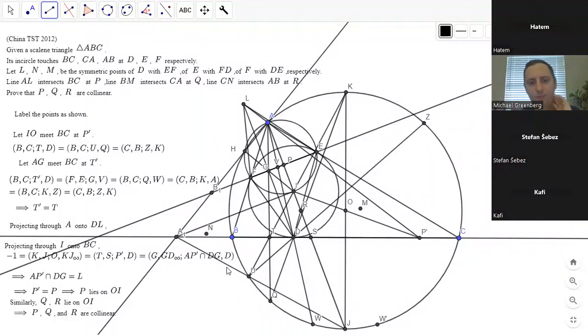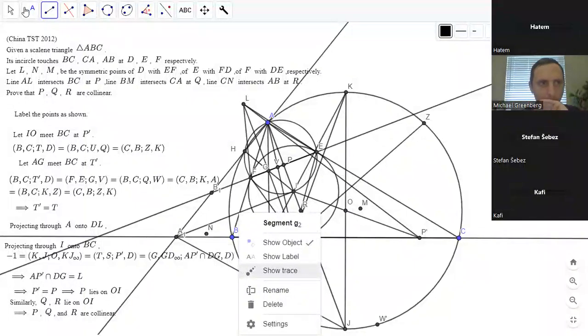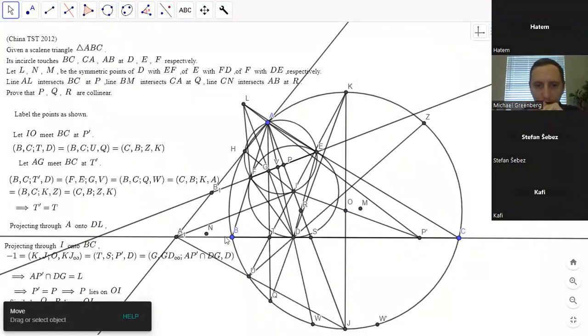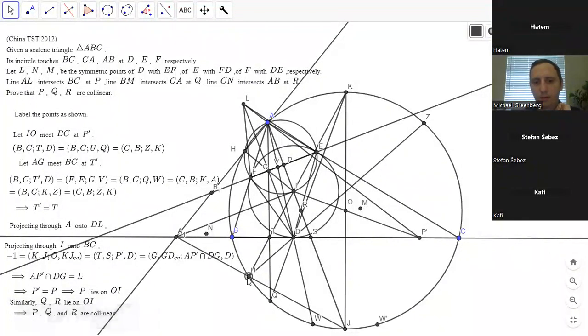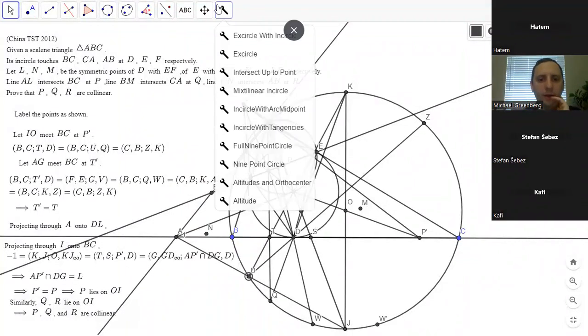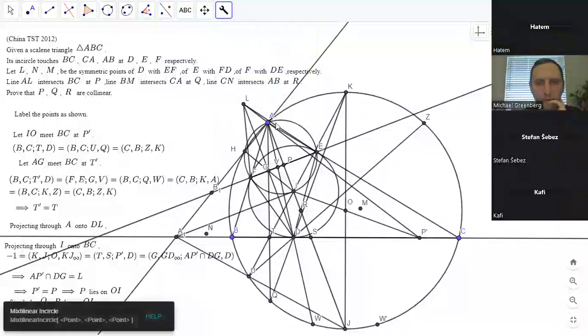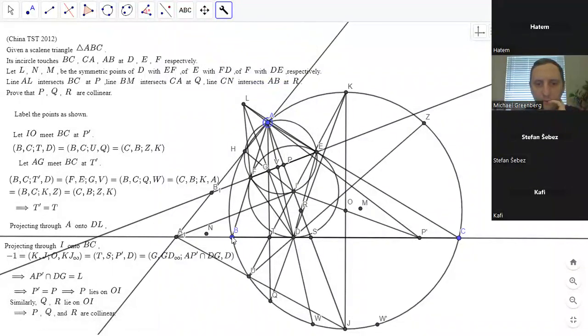Can you mark the touch point of the incircle on AB and AC? So like this is the touch point of the mixtilinear incircle, right? U. Yeah, and mark the other two touch points on AB and AC. Okay. I think I have a tool for this. So let's see how this works.